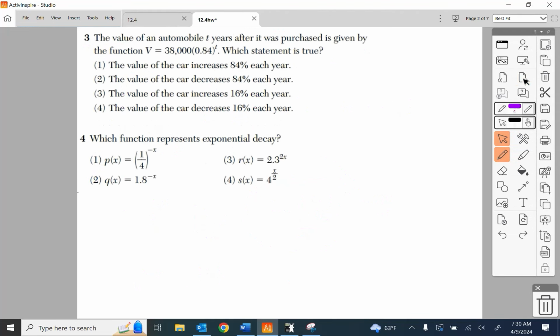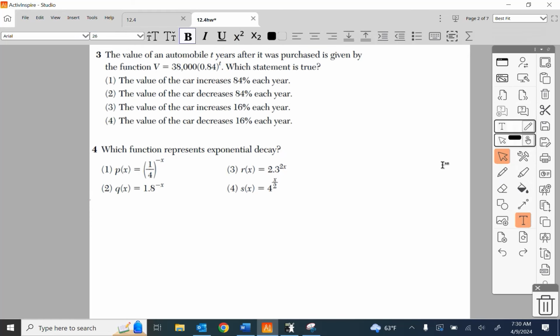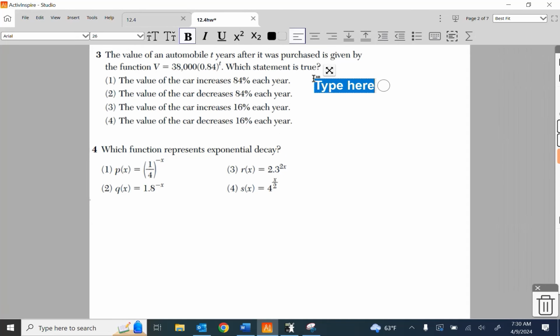The value of an automobile T years after it is purchased is given by the function value is 38,000 times 0.84 to the T, which statement is true. So here's more instruction than you want. This is written in the form AB to the X. B equals 0.84. And B, by the way, is called your growth or decay factor.